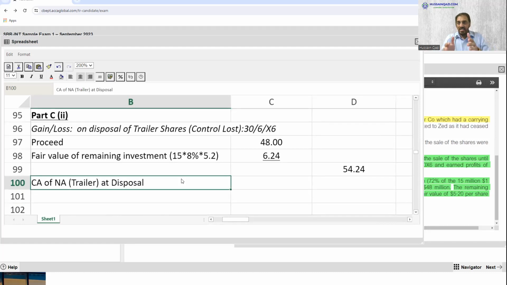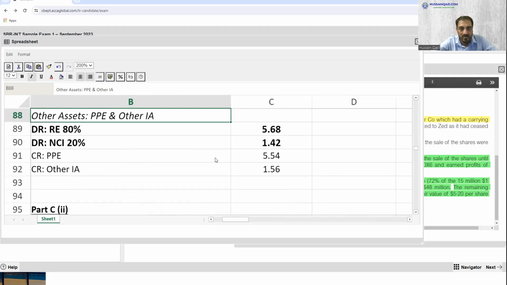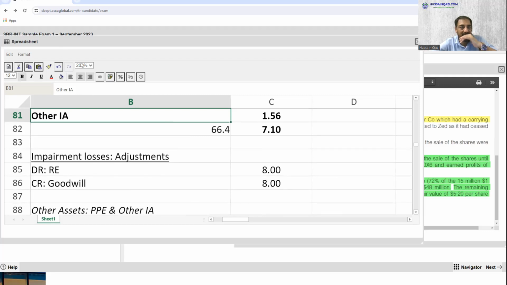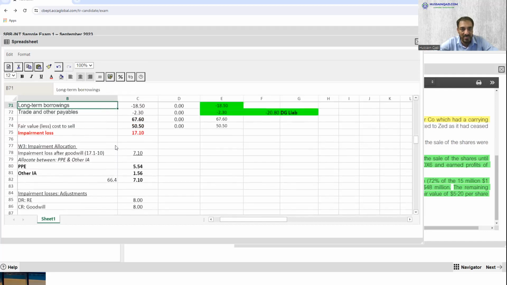Number one, disposal is the date that we can count from the reporting date plus some more months. That means at the reporting date, the net assets value is what we have calculated above.